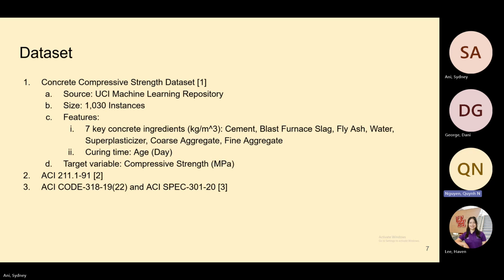And to support the development of durable and realistic mix design, we reference ACI 211, which provides industry standard guidelines for selecting proper concrete mix proportions and also integrating the critical durability requirements from the ACI 318 and ACI 301, focusing on exposure classes related to chloride attacks and freeze-thaw cycles, two major durability concerns for real-world structures.